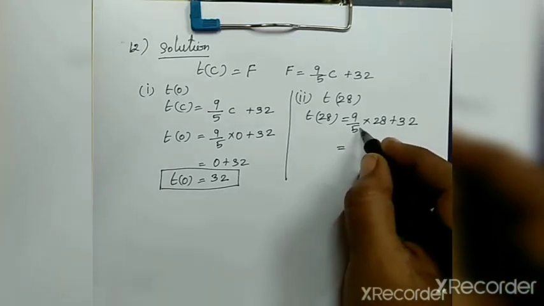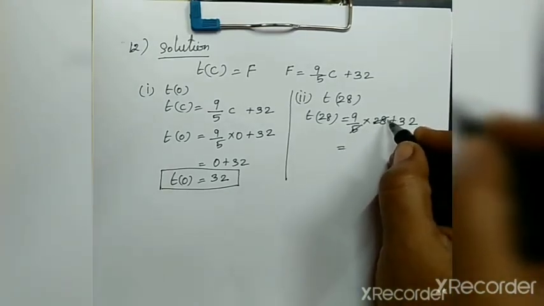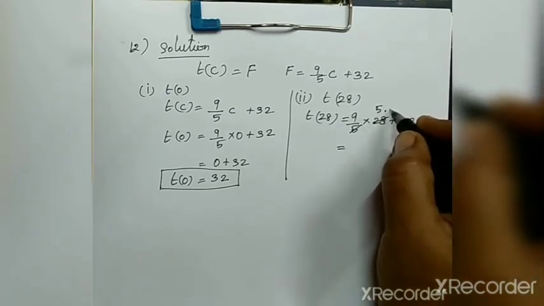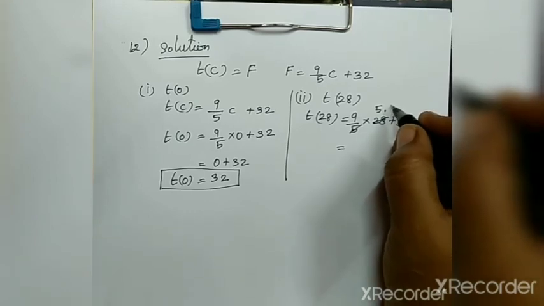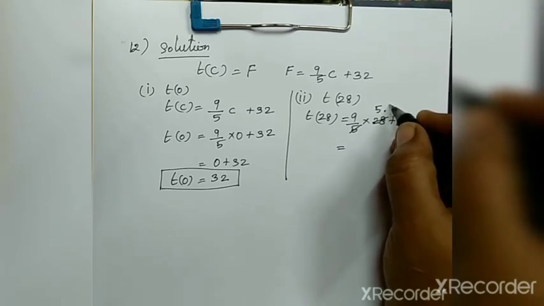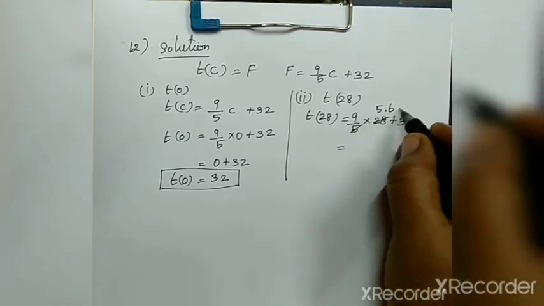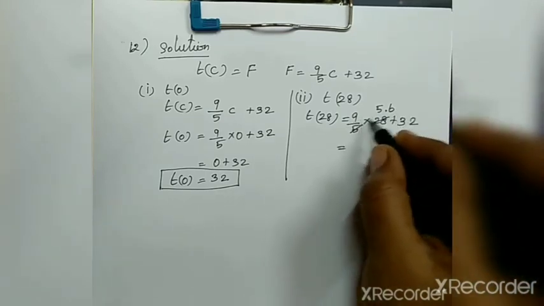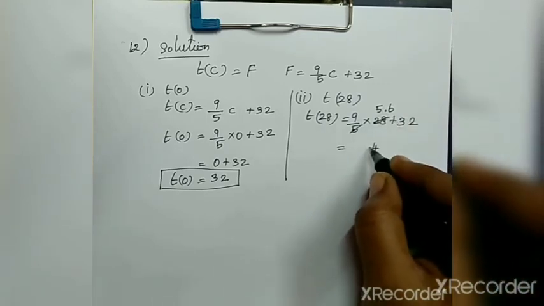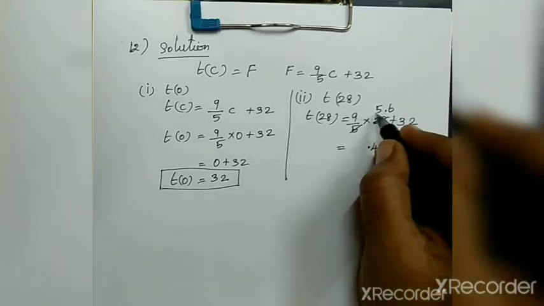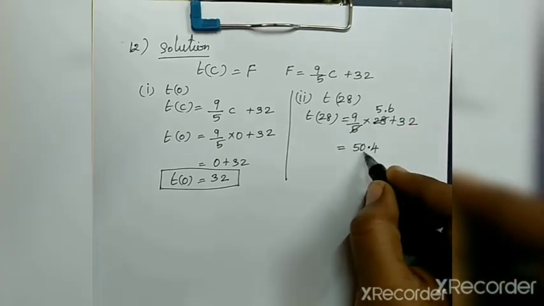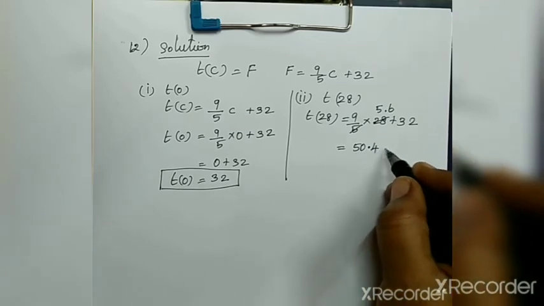Dividing 28 by 5: 5 fives are 25, remaining 3, that becomes 30, and 30 divided by 5 is 6, so we get 5.6. Now multiplying 9 and 5.6: 9 sixes are 54, so 4, with a decimal point, and 9 fives are 45, 45 plus 5 is 50. So we get 50.4 plus 32.